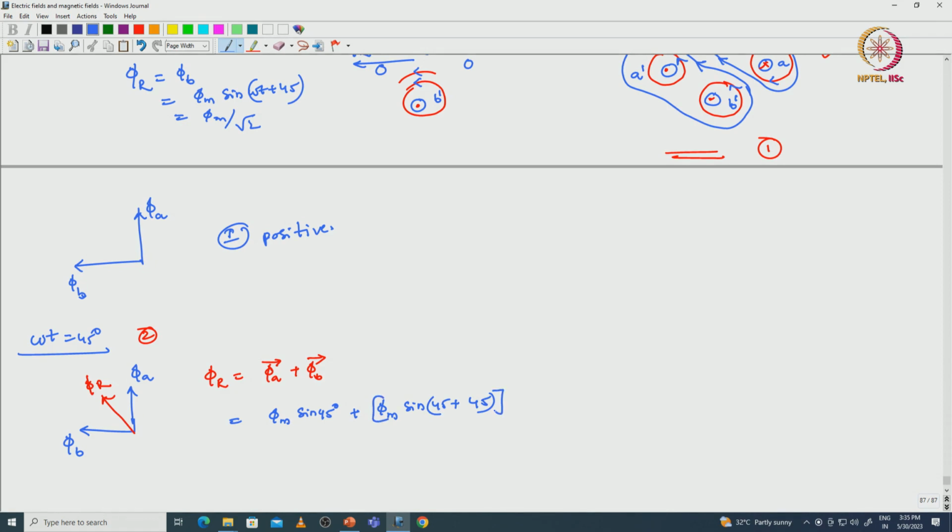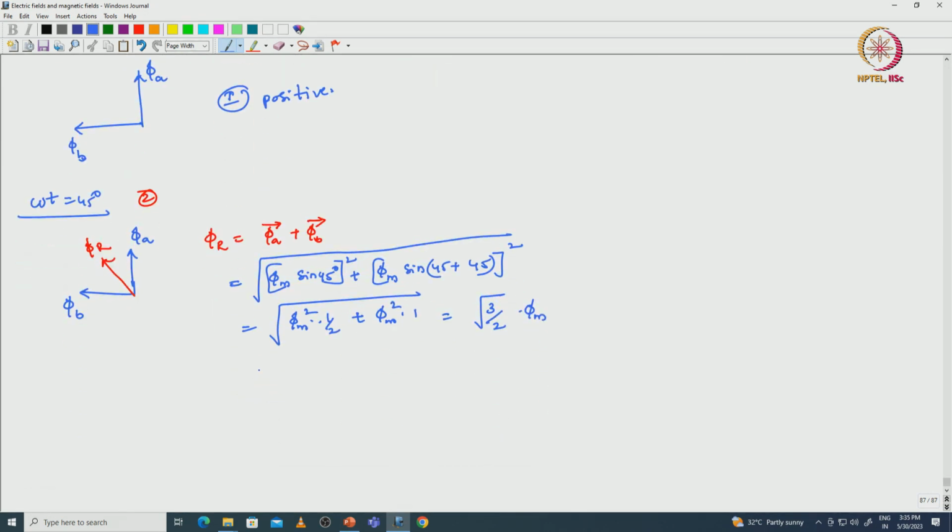Take the squares and then the square root. This gives phi m square into 1 by 2 plus phi m square into 1, square root. So the resultant will be square root of 3 by 2 into phi m. This is the resultant vector magnitude at 45 degrees.